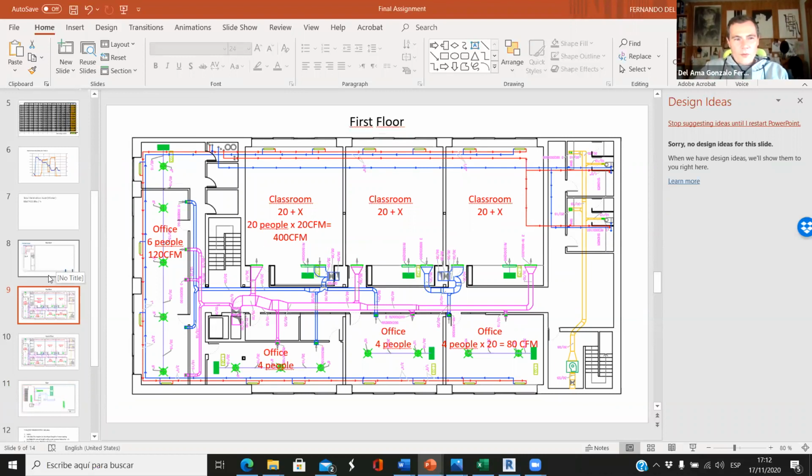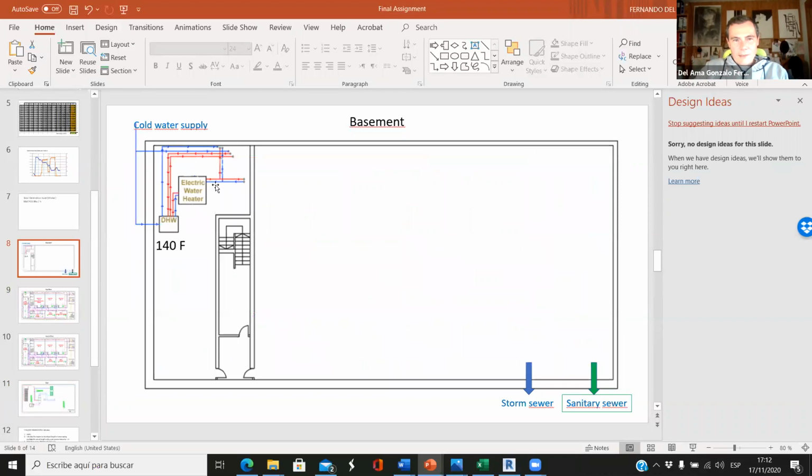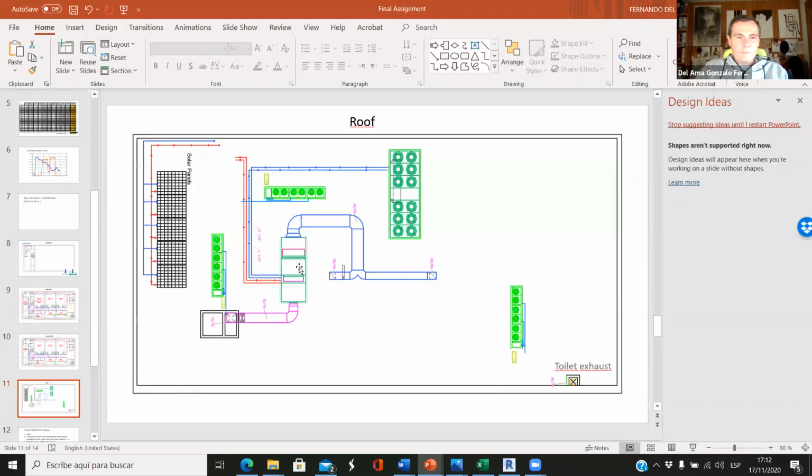So we need 140 because it's in contact with people. But the water inside the circuit from the water heater to the air handling unit, we are not in contact with this water.